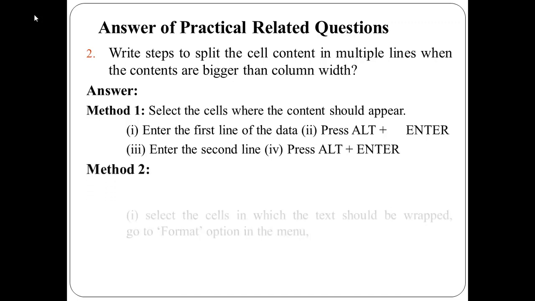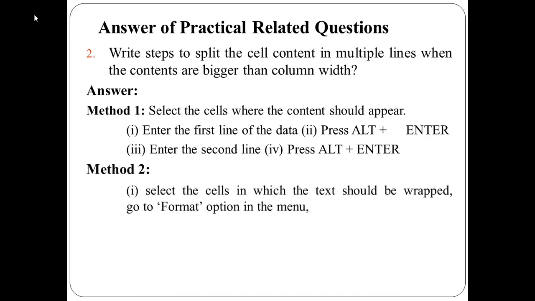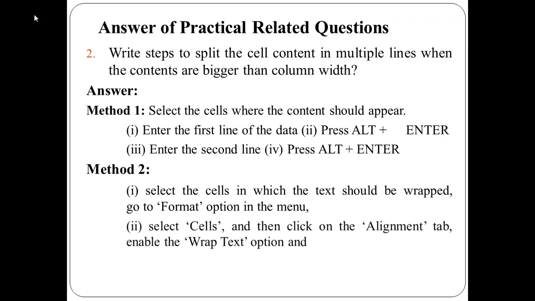The second method is select the cells in which the text should be wrapped, then go to the Format option in the menu, select the cells and then click on the Alignment tab. Enable the Wrap Text option and then click on the OK button.